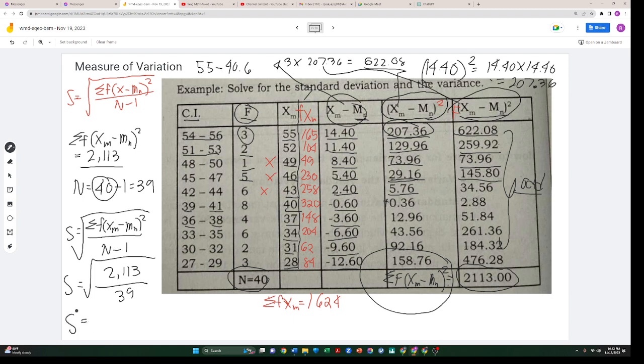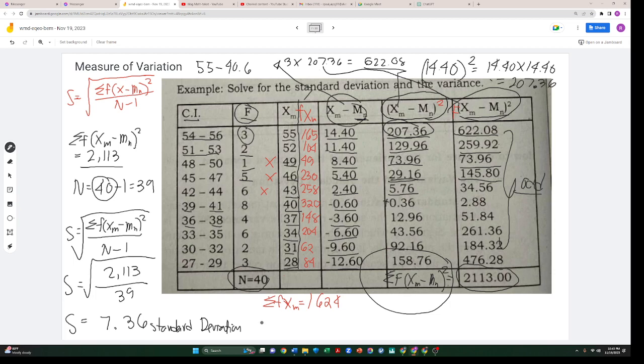Diretso na ta sa calculator. 2,113 divided by 39. So, ang answer kay 7.36. Maon ni siya ato ang standard deviation. Okay? So, unsa atong variance?